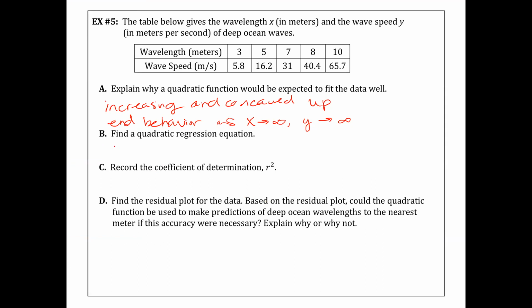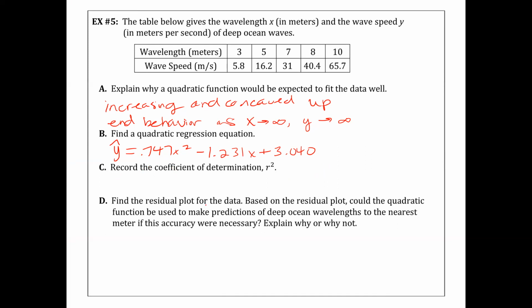So we have y equals 0.747x squared minus 1.231x plus 3.0. Okay, so now we have our quadratic regression model.